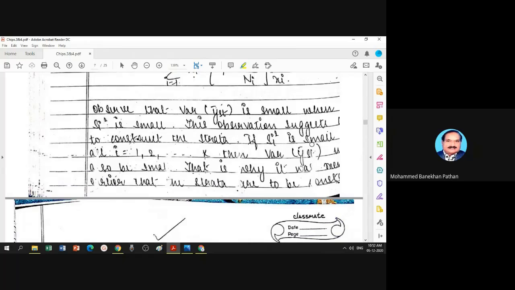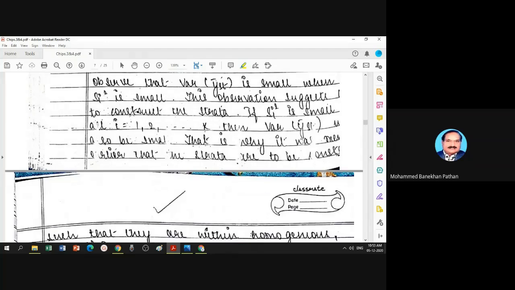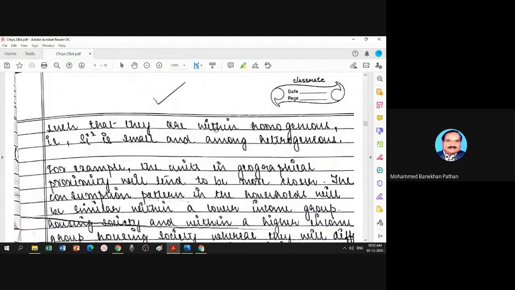If Si square is small for all i=1 to k, then the variance of y bar st is also small. That is why it was mentioned earlier that strata are to be constructed such that they are homogeneous within, that is, Si square is small, and heterogeneous between.